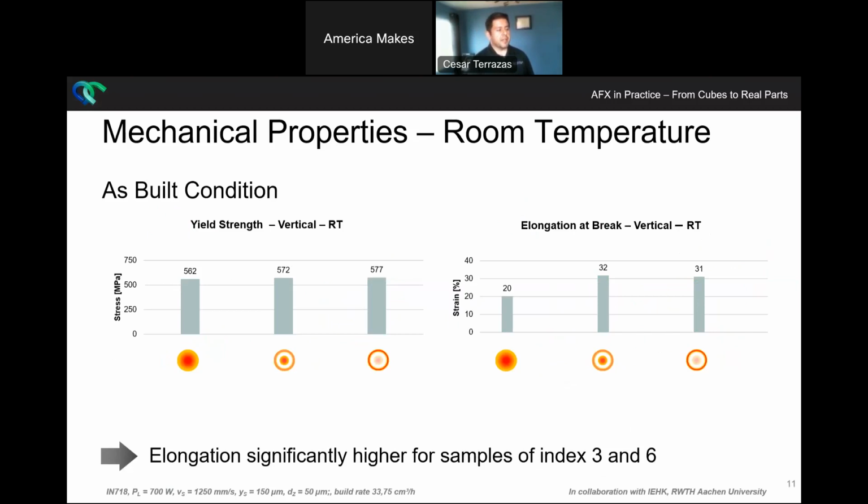So we see yield strength in the range from 562 to 577, not much difference. But then really when there's a difference, it's in the elongation at break. Here, just by tailoring the mode, we are getting increases of up to 12 to 11% higher strain, or higher elongation at break.